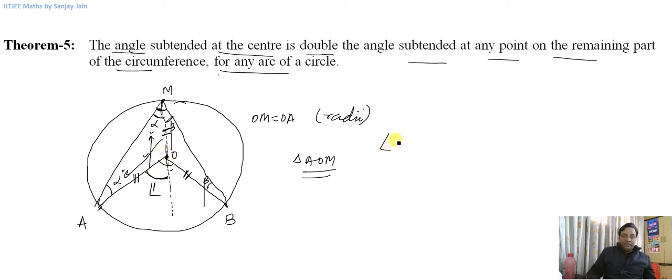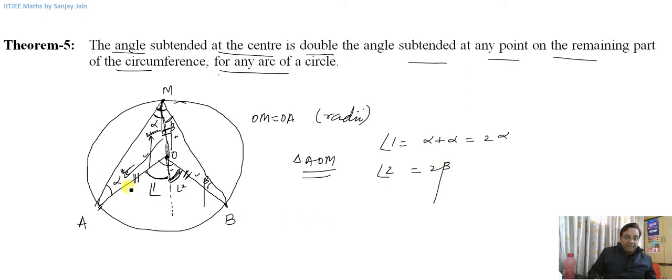So angle 1 will be equal to the sum of opposite interior angles. So it will be equal to alpha plus alpha, that is equal to 2 alpha. Similarly, if this is angle 2, it will be equal to beta plus beta, right? Because this angle is an exterior angle to this triangle BOM. So angle 2 is twice of beta.